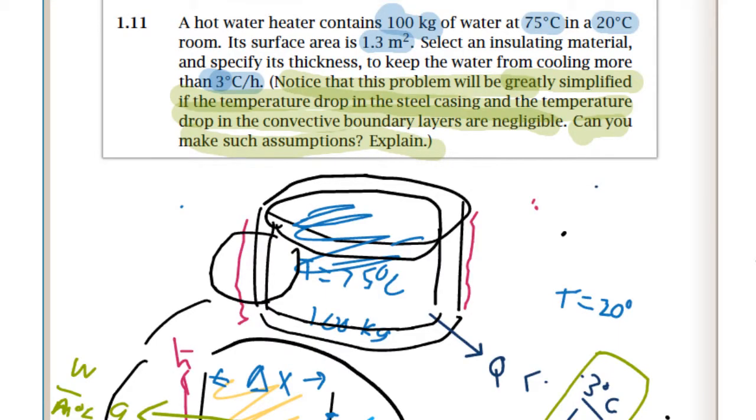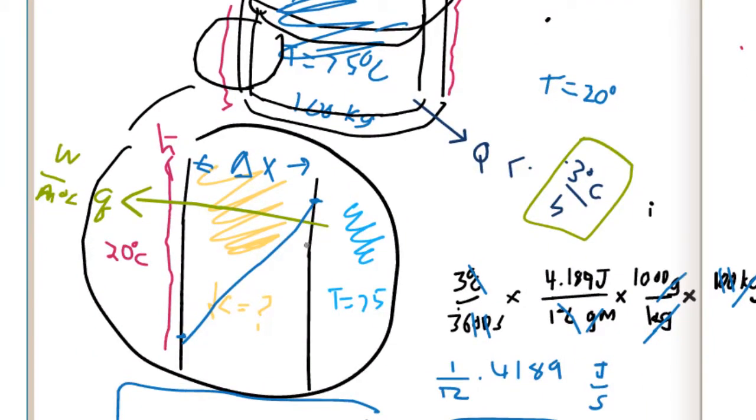Okay, the last thing we have to do is check our assumptions. Now, you recall that we assumed that the temperature drop in the steel and in the convective layer on the surface was negligible. So let's go ahead and check that out. Let's model this as a set of series resistors.